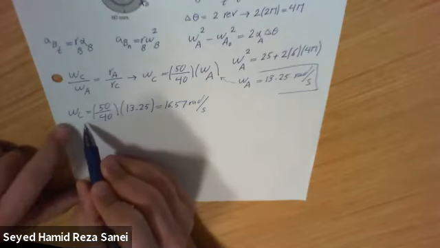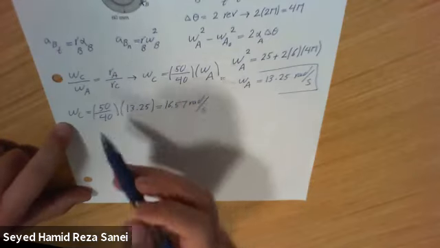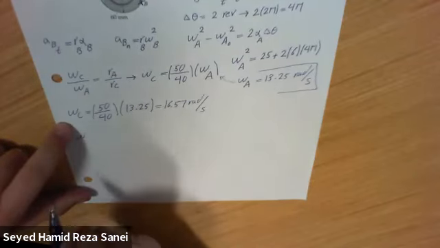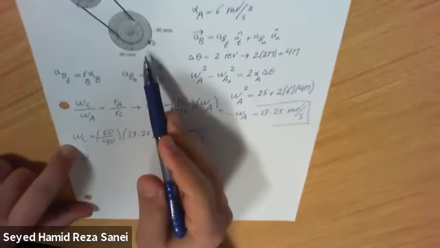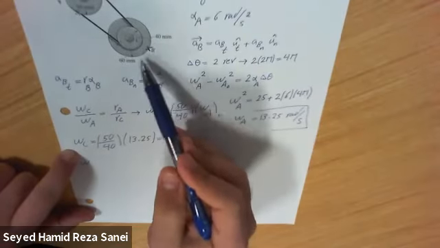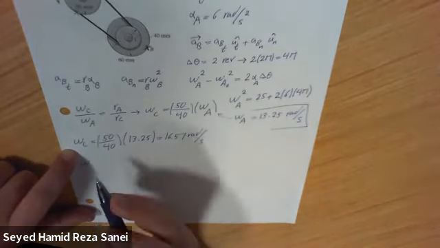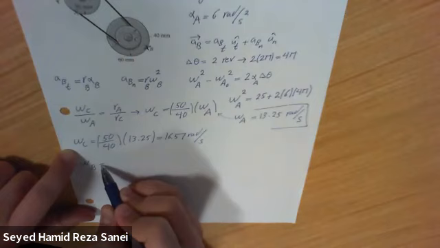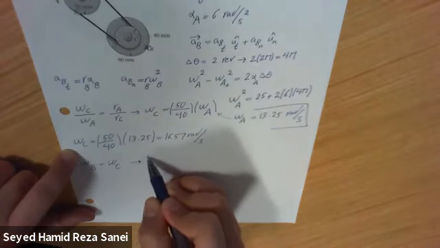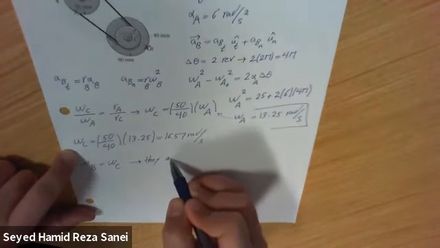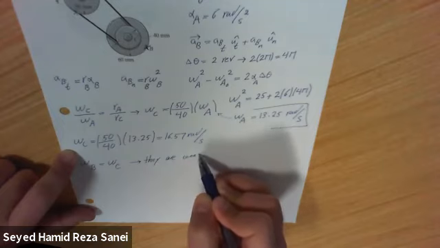Having omega C is identical to having omega B because the two pulleys are connected. So omega B is the same as omega C. They are connected.